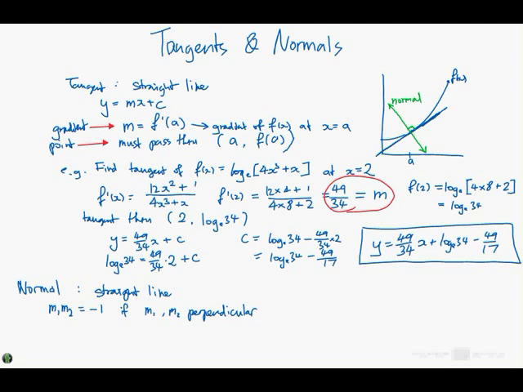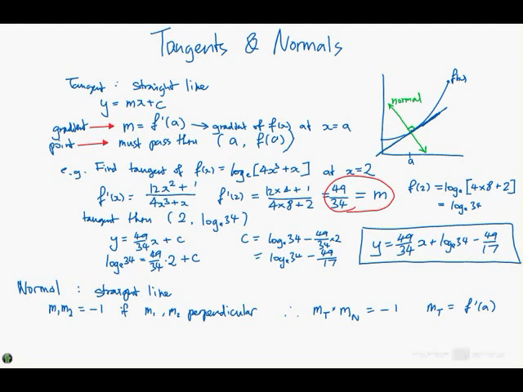So what you can write is, I want to do mt, gradient of the tangent, times mn, gradient of the normal, that's -1, right? And we know that the gradient of the tangent is going to be f dash of a, so essentially the gradient of f of x at the point a, what we outlined up here.